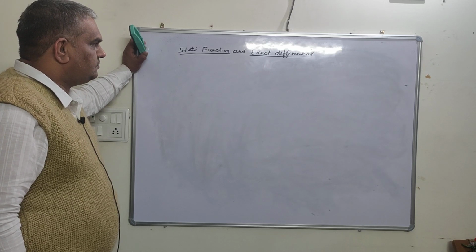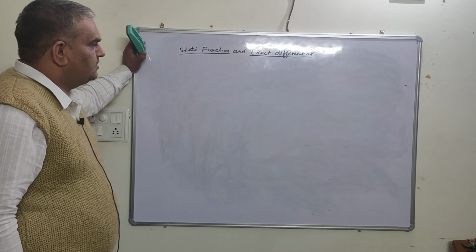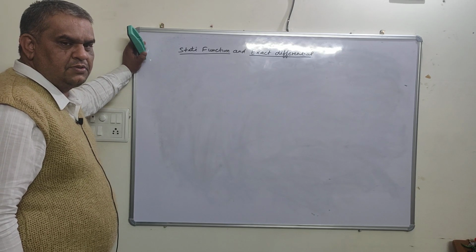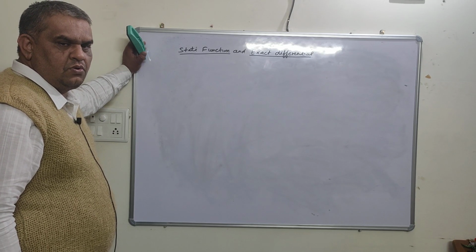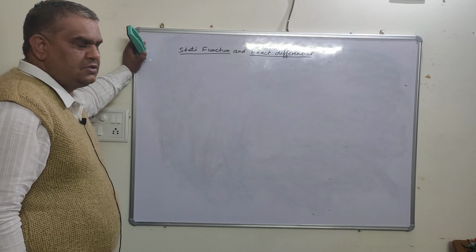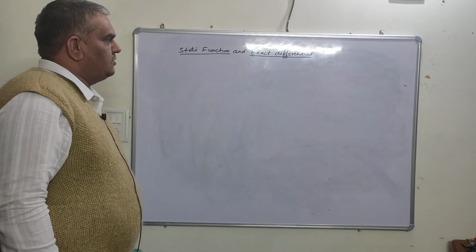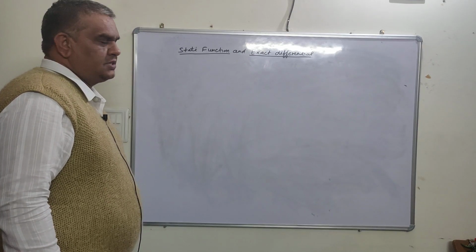And path functions may be defined as properties of the system whose change in value depends upon the path followed for the process, and work and heat are path functions.